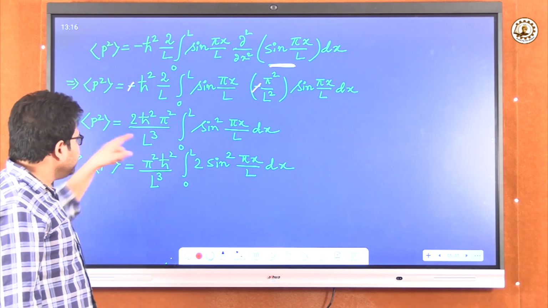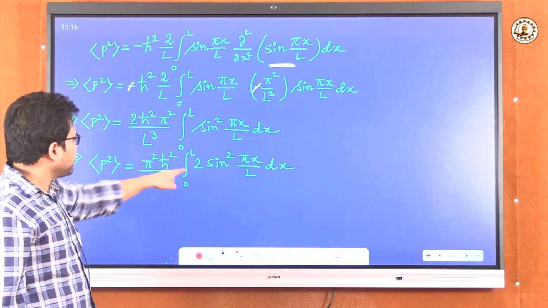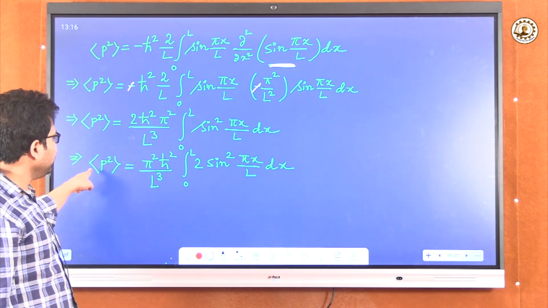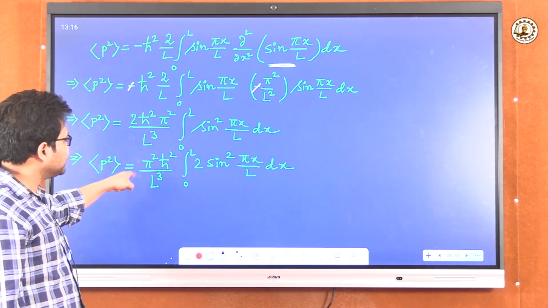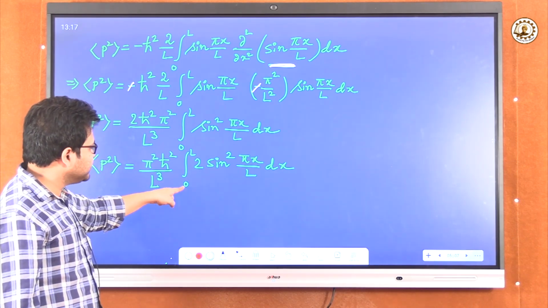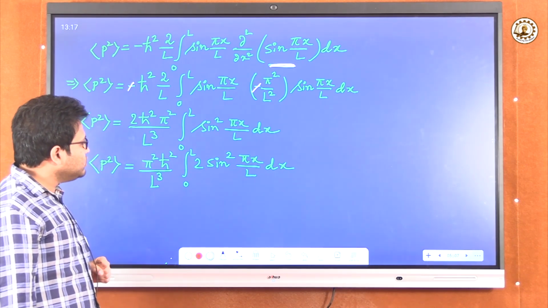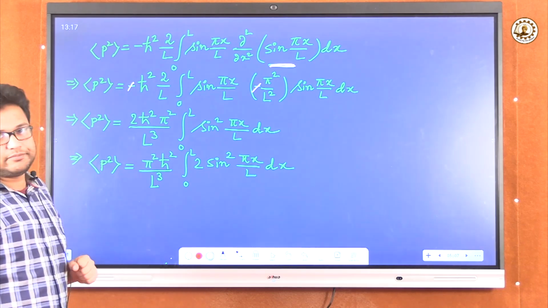Now I am writing this 2 within this integral sign. So in the next slide we have average of p square equals pi square h star square by L cube, integral from the limit 0 to L of 2 sin square pi x by L dx.